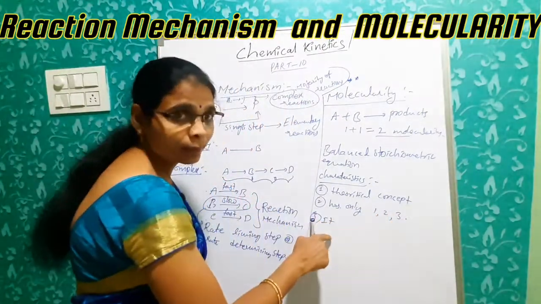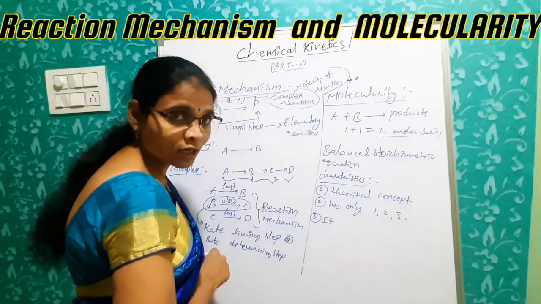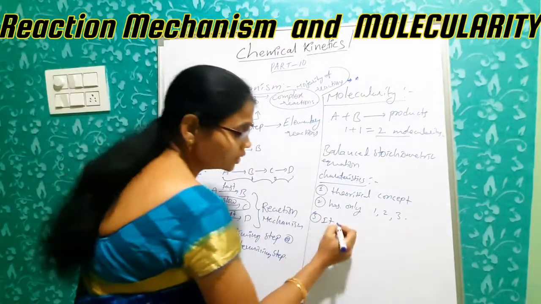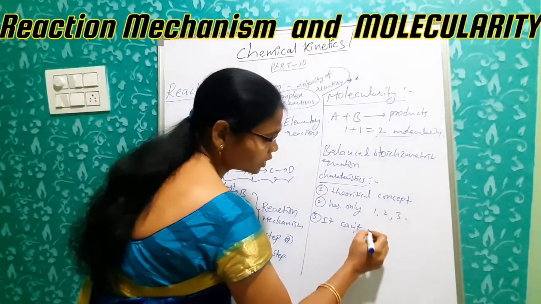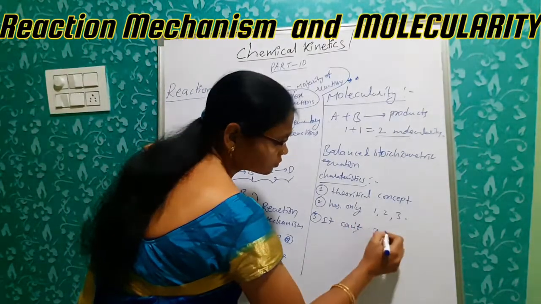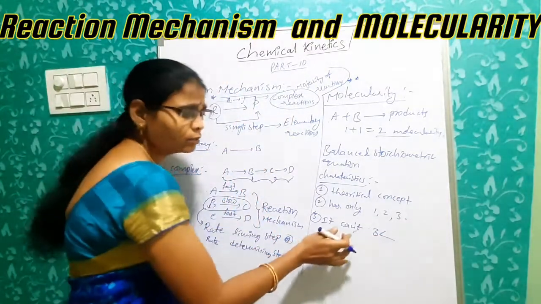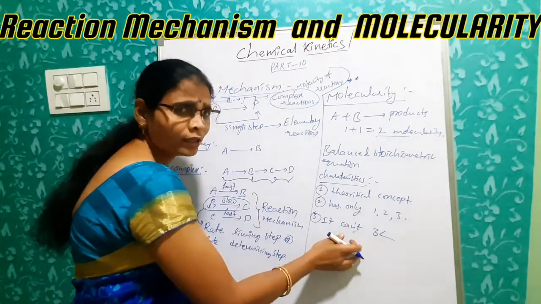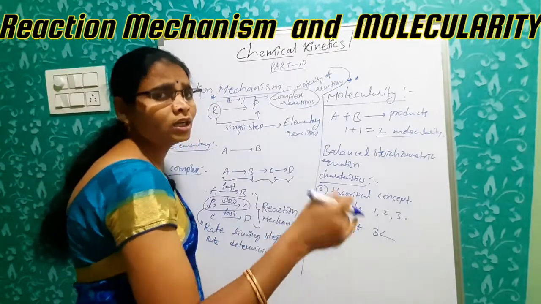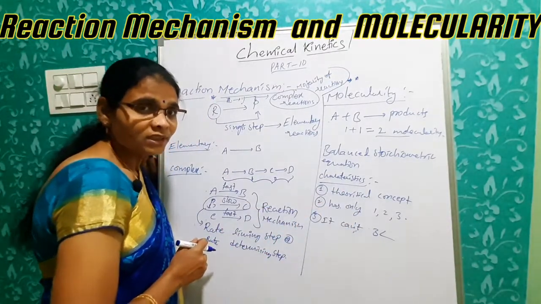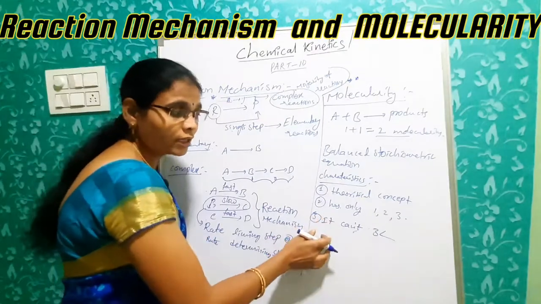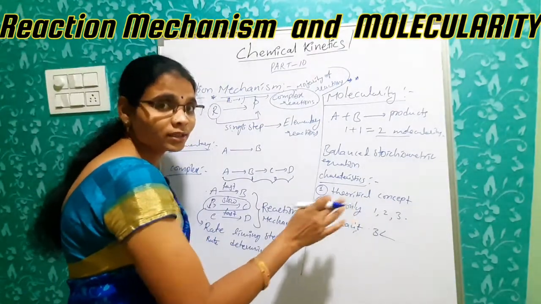It cannot be more than 3. Listen to me carefully: more than 3 reacting molecules may not mutually collide with each other to give products. So that's why molecularity more than 3 occurs in very, very few reactions.